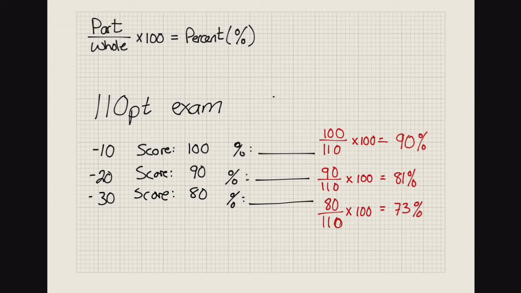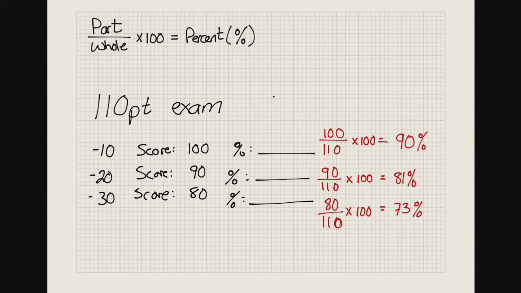The same thing with 90 over 110: you multiply by 100, you get 81 point something percent. 80 divided by 110 times 100 equals 72.7 percent. If you can do it in your head, you're fine.